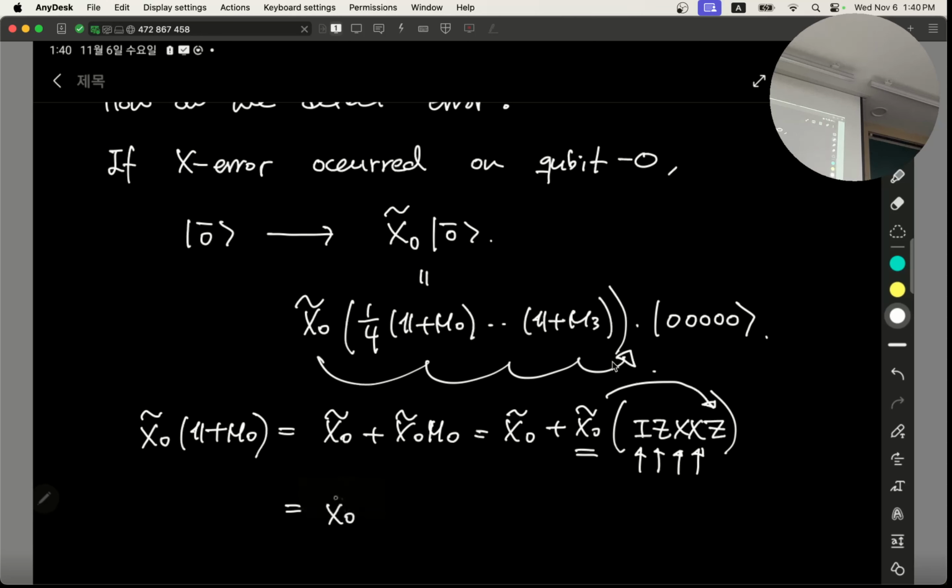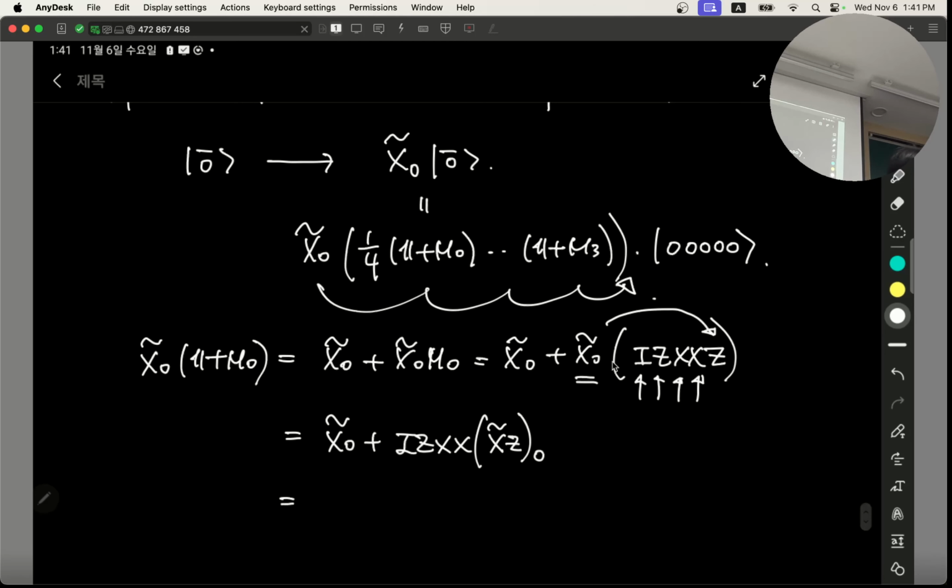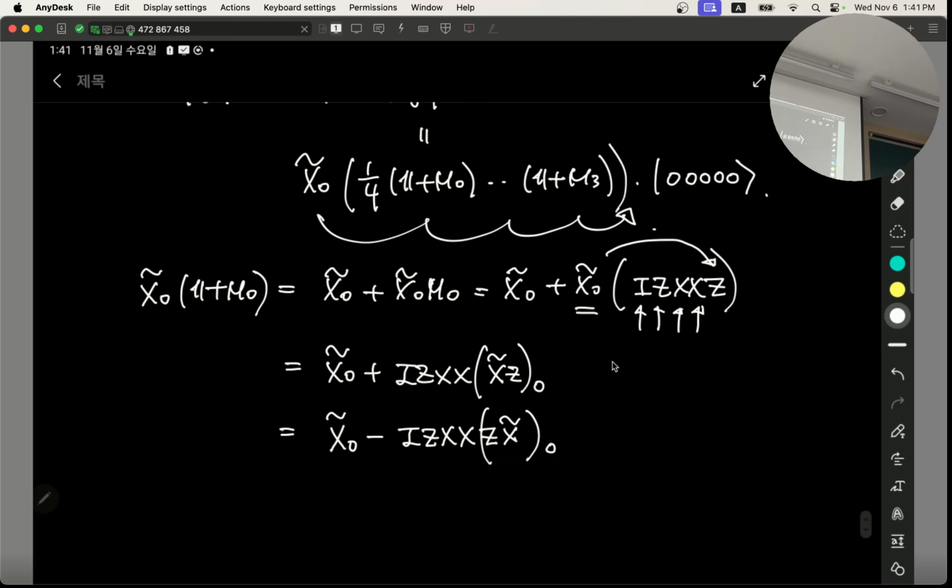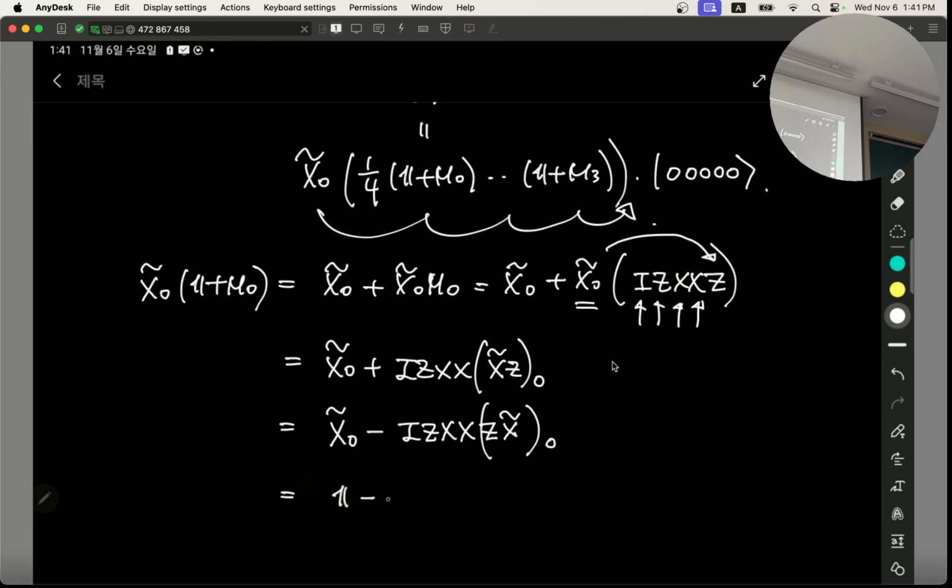Therefore, this is X0 plus I Z X and X set at the 0th qubit, right? So what happens when I interchange the order of the gate? I get minus X0 bar minus I Z X X set X tilde at the 0th qubit. Therefore, I can write it as 1 minus M0 times X tilde at the 0th qubit.